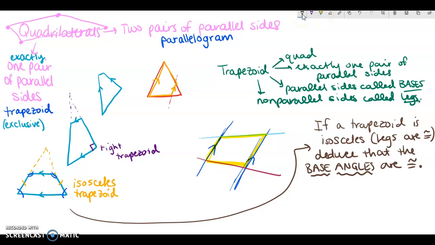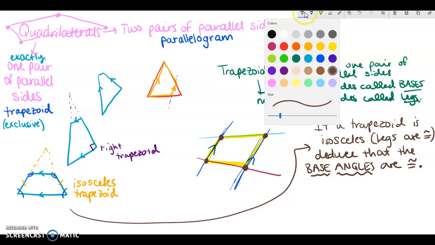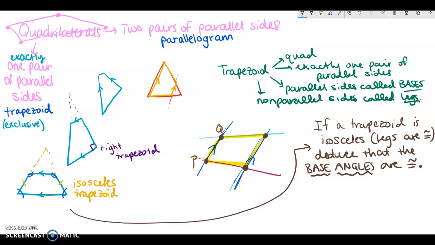Now this is something you have to think about a little more in depth, because the base angles are angles that are on the base of the trapezoid. So P, Q, R, S, right? So here, since PQ is parallel to RS, then PQ and RS are the bases.